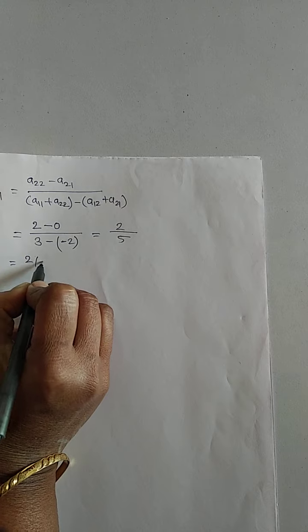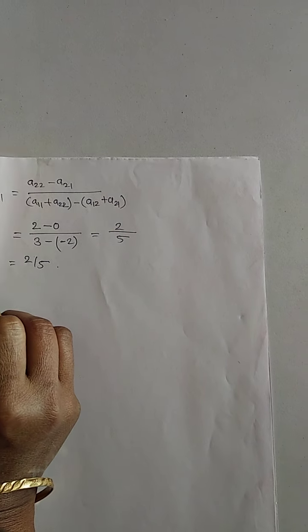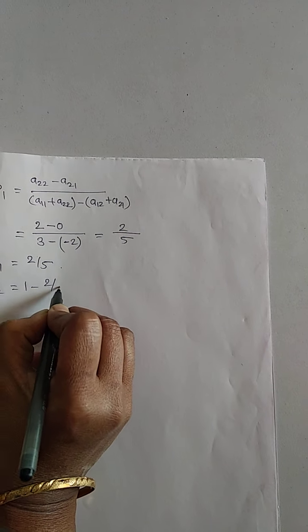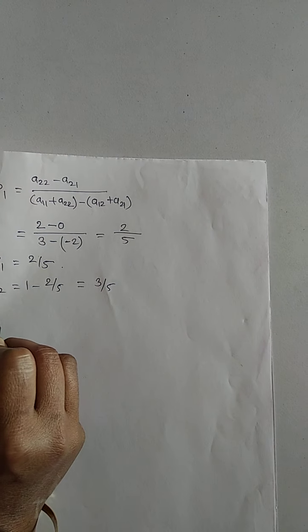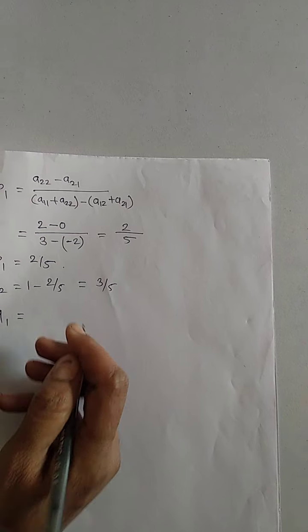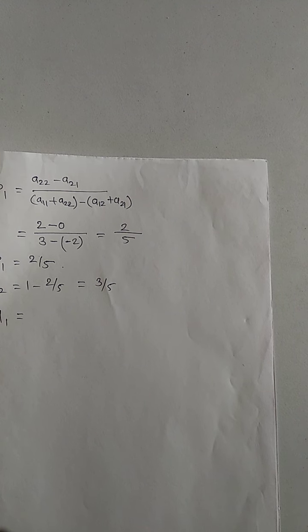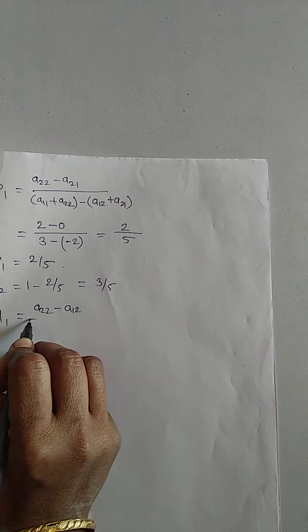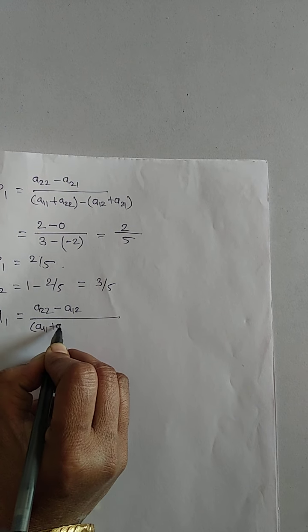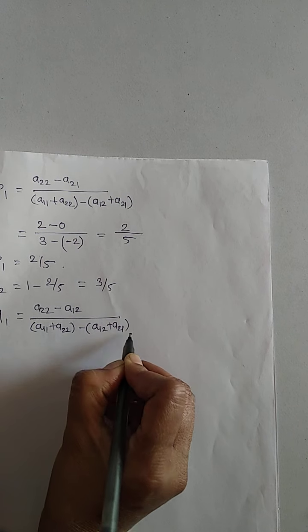Means P1 is equal to 2 by 5. Then find P2. P2 is equal to 1 minus 2 by 5, that is equal to 3 by 5. Then find Q1. First write the formula: Q1 is equal to A22 minus A12 upon A11 plus A22 minus A12 plus A21.